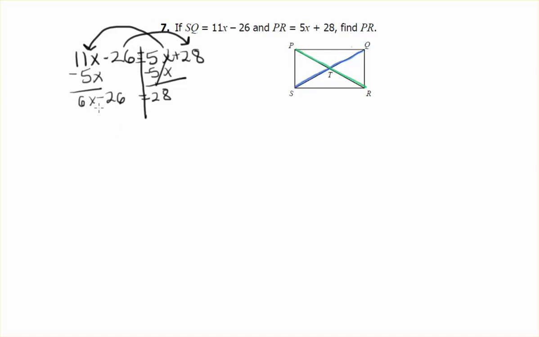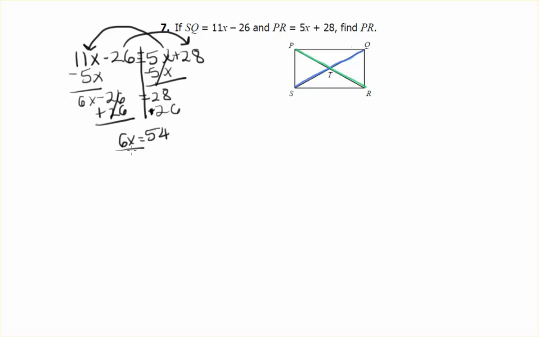So we're going to add that 26. Since it's being subtracted, we want to do the opposite. So then we have 6x equals, sorry, it's being subtracted, so you want to add it. So we have 6x equals 54.